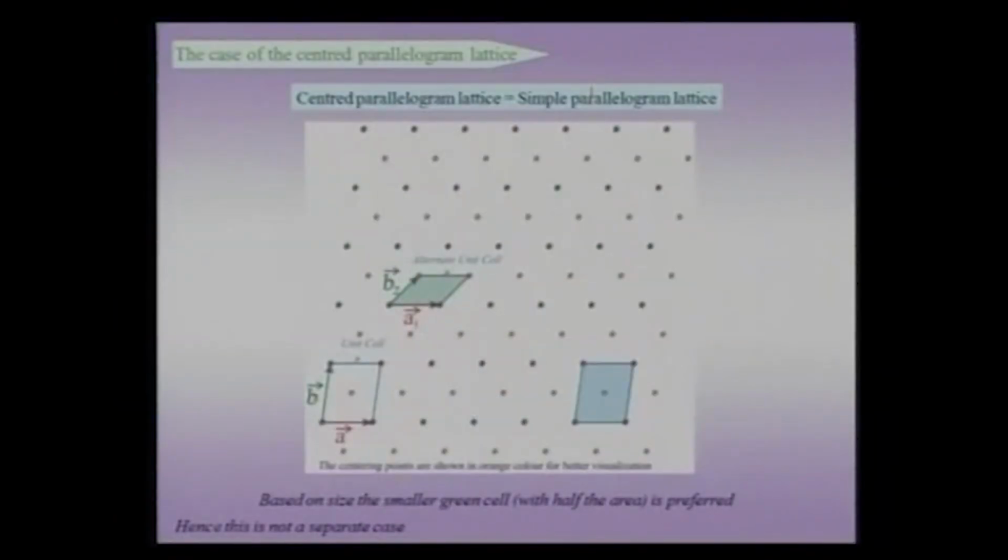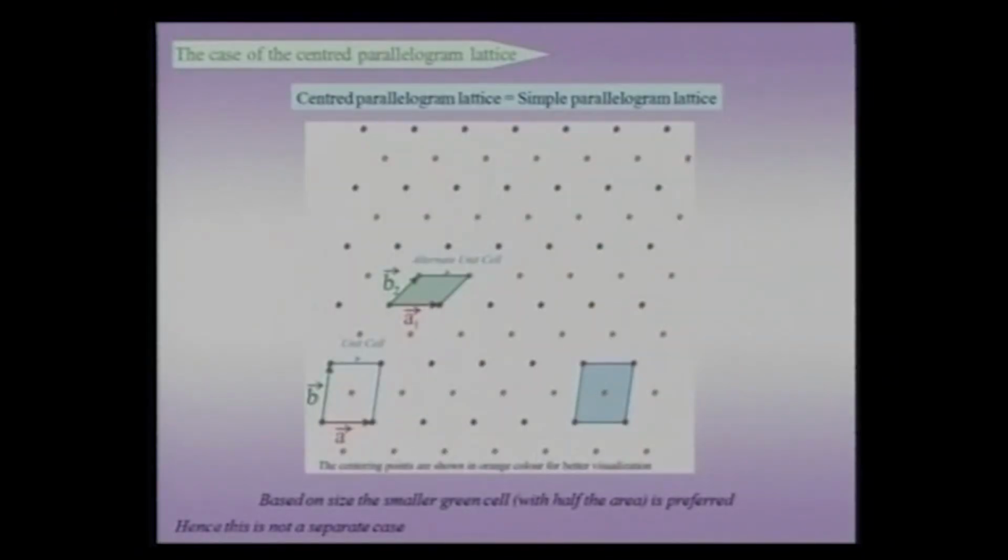So we can now go on to the next kind of lattice which is missing in the list, and that is the case of the centered parallelogram lattice. We had noted before that the parallelogram lattice is the one wherein there are no constraints either on A or B or the included angle, and we had also said it is the lattice of the lowest symmetry.